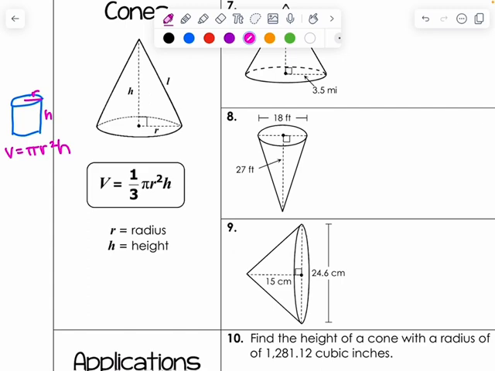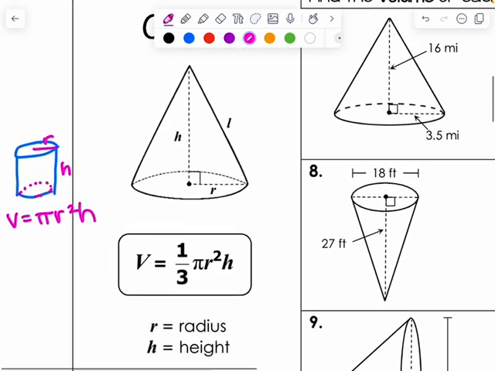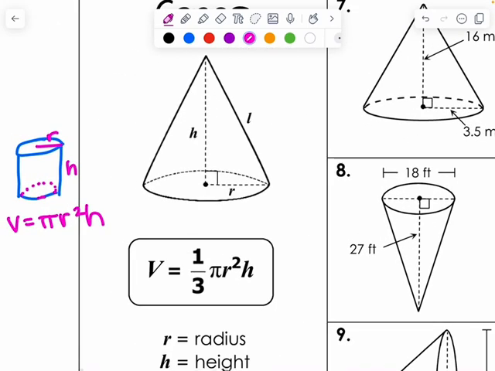Okay, well, a cylinder is a three-dimensional solid that has two circular bases, and a cone is a three-dimensional solid that has one circular base. So these two formulas are going to have a little bit in common.